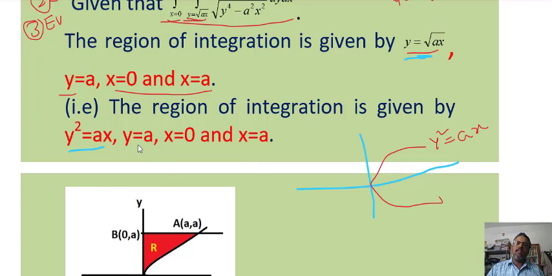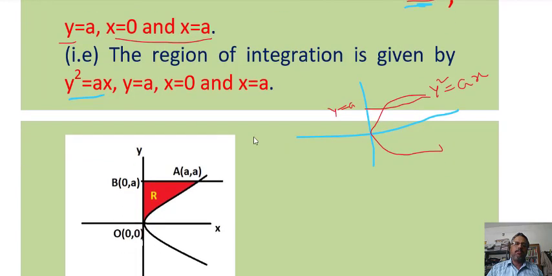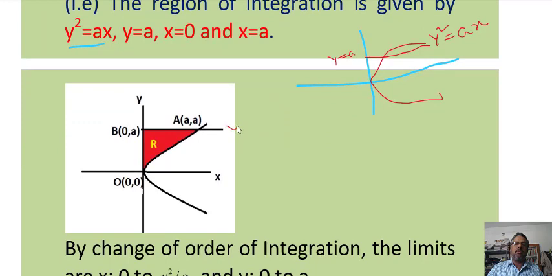Now another one is y equals a. Y equals a is a straight line parallel to the x-axis. So clearly, this is y equals a and this is y squared equals ax.